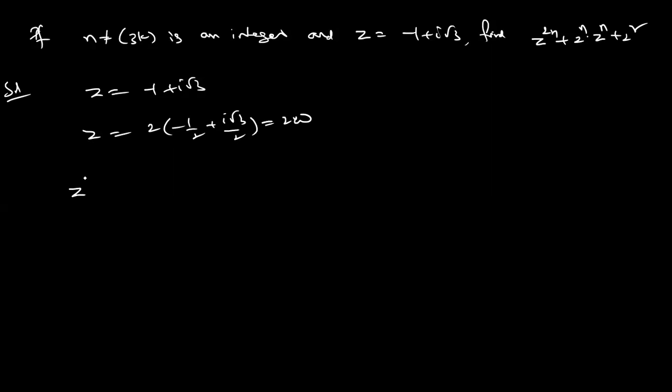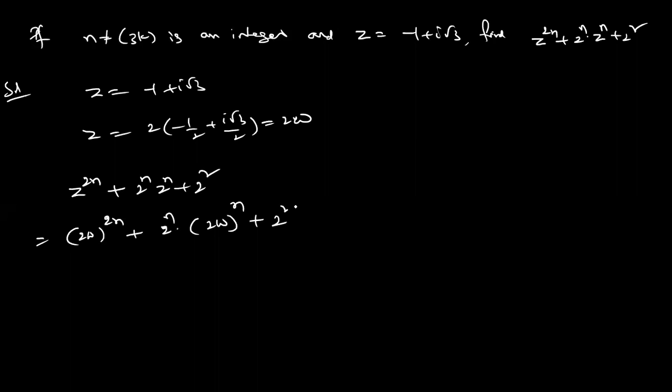Okay, so z power 2n plus 2 power n (z power n plus 2) square means what is z? (2 omega) whole power 2n, 2 power n into (2 omega) whole power n plus 2 square. So 2 power 2n, dear students, omega power 2n, 2 power 2n into omega power n, 2 square. This is also 2n, yes.